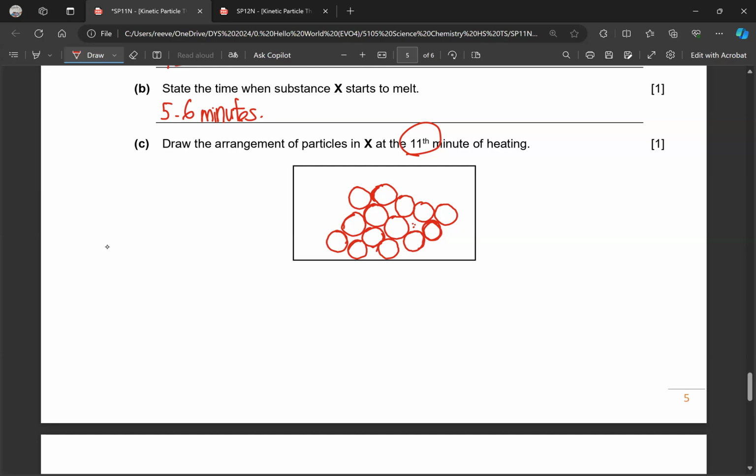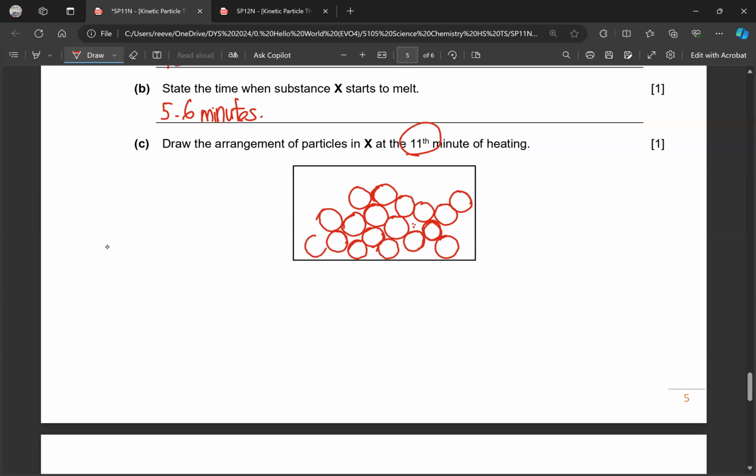Try your best. I know it's not easy. I also have quite a bit of difficulty drawing using a stylus. But in the exam, it's pencil on paper, so it should be easier.